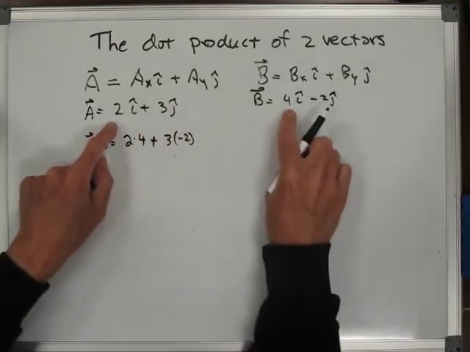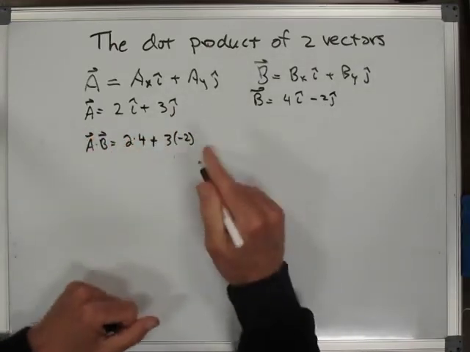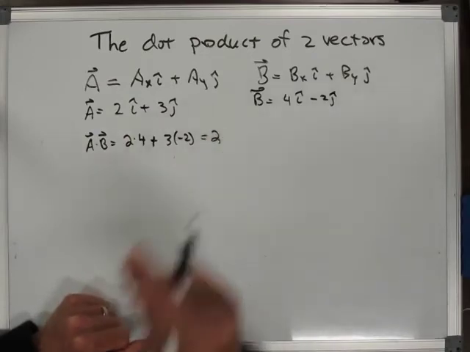I multiply these two together, and I multiply these together, and I add them, and so that's equal to 2.